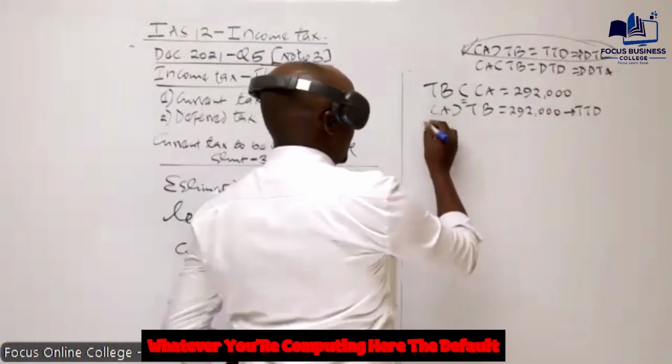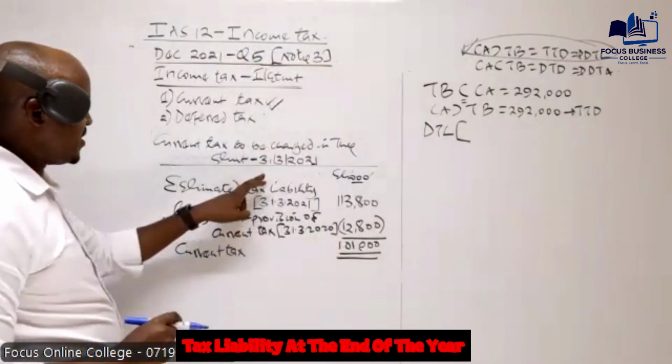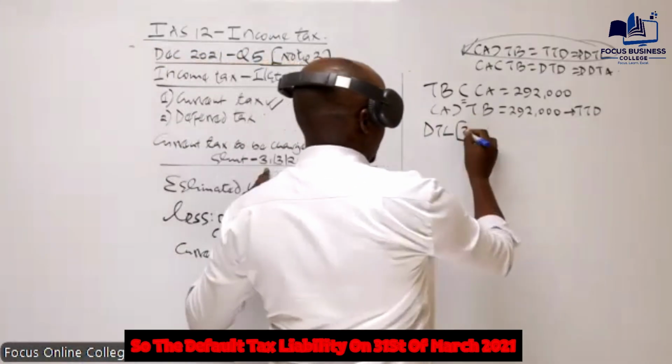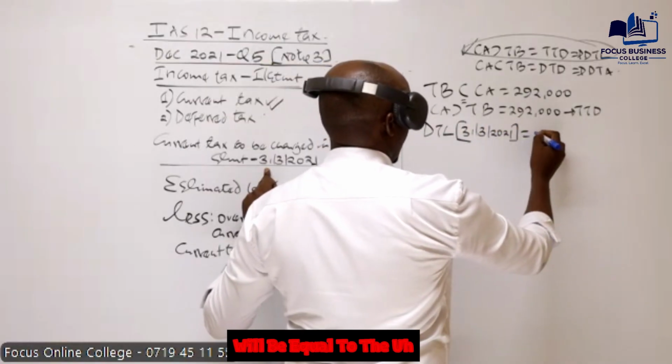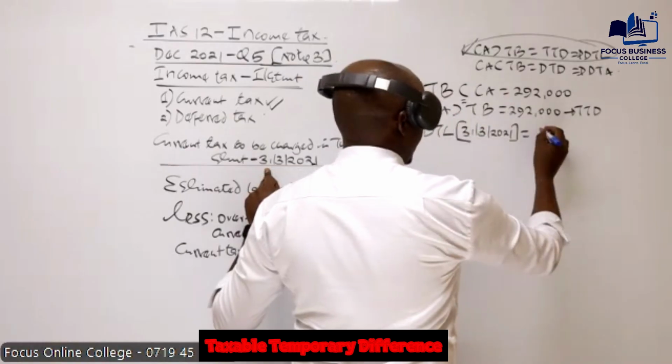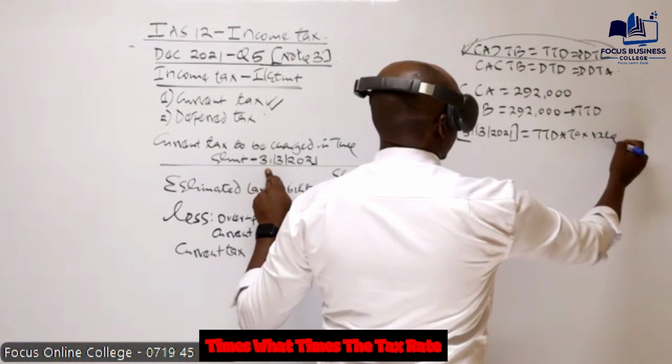Just like the other question, this will be the deferred tax liability at the end of the year. So the deferred tax liability on 31st March 2021 will be equal to the taxable temporary difference times the tax rate.